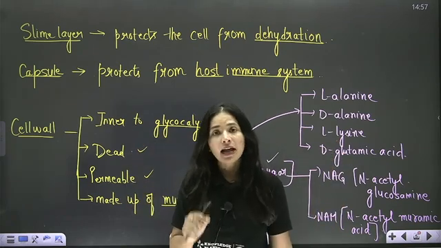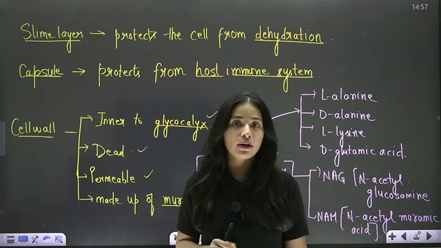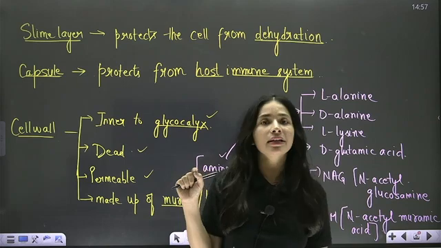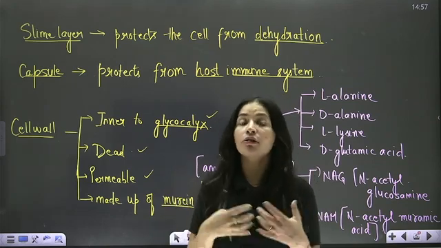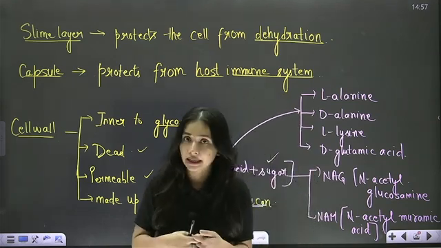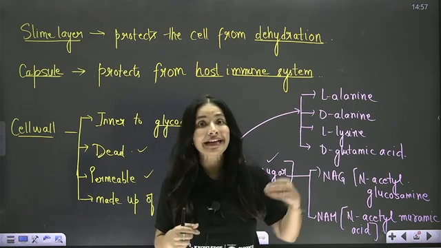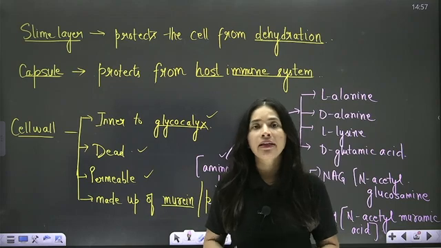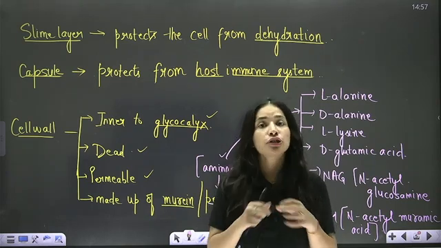Right? Now, there is one antibiotic called penicillin. This antibiotic, penicillin, does not allow the cross-linking of peptidoglycan, or even if cross-linking exists, then in the presence of penicillin, that cross-linking gets destroyed.